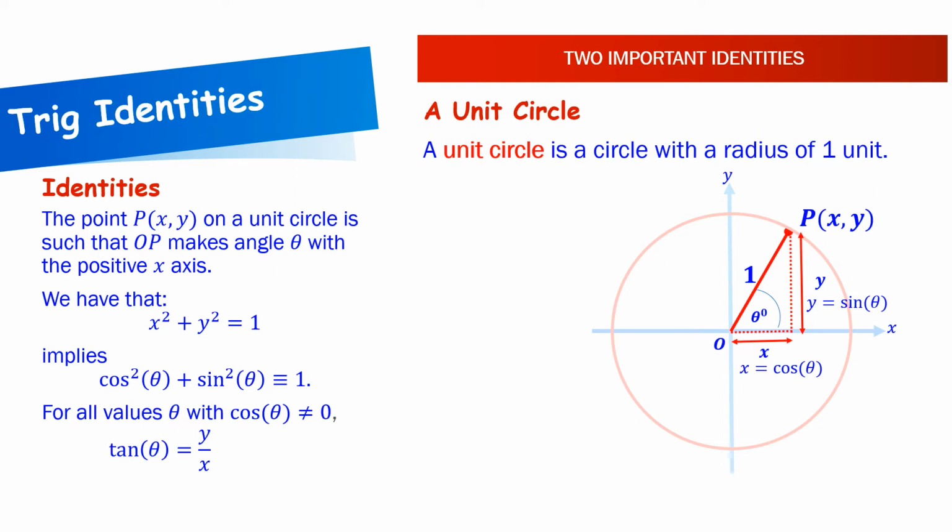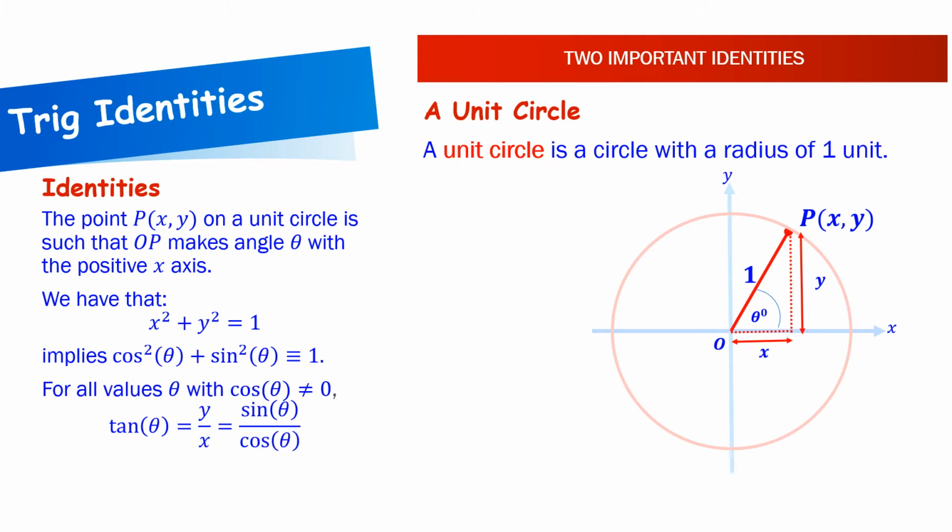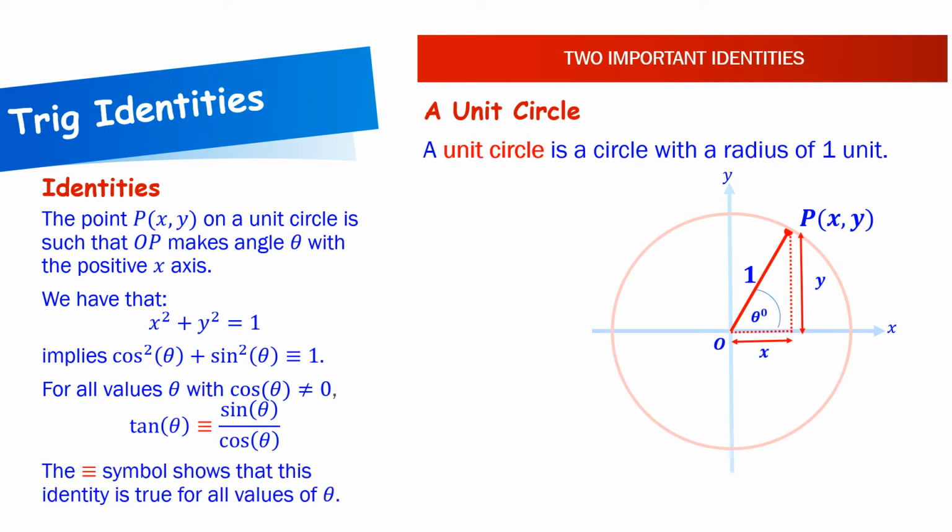So substituting in y equals sine theta and x equals cos theta into this equation gives us that tan theta is equal to sine theta over cos theta. And in fact, tan theta is identical to sine theta over cos theta. Again, just as a reminder, the identity symbol shows that this identity is true for all values of theta.